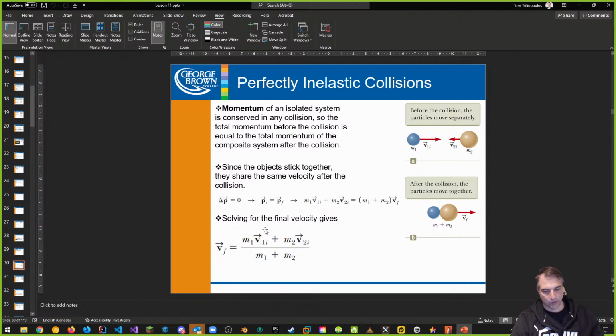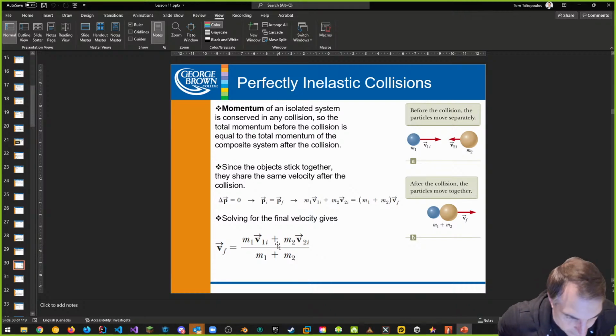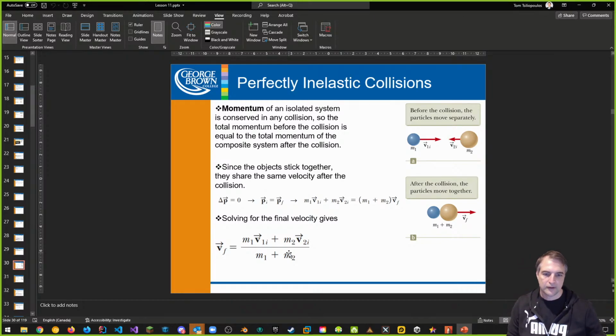The final velocity is equal to mass 1 times velocity 1 initial, plus mass 2 times velocity 2 initial, over mass 1 plus mass 2. That is for inelastic collisions that bond together, and we get a final velocity where both masses are moving in the same direction.